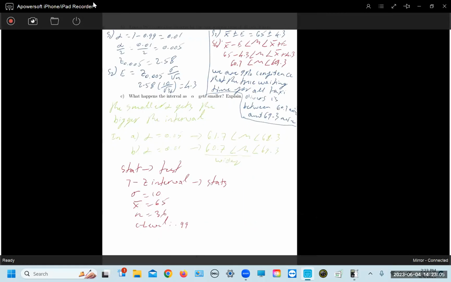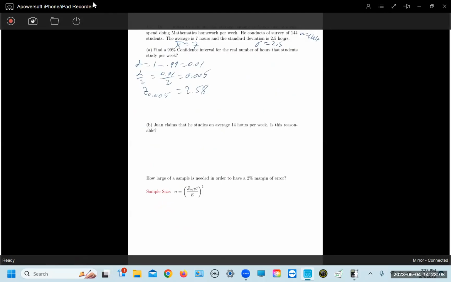And now we say E equals Z of alpha over 2 times sigma over square root of n. So it should be 2.58 times 2.5 over square root of 144. So we got 0.5375.